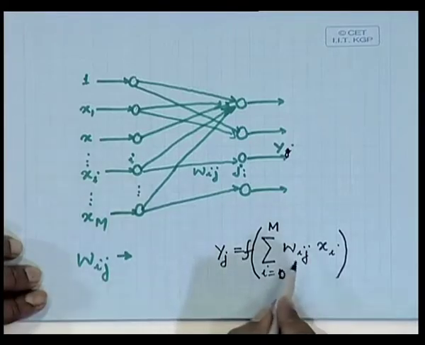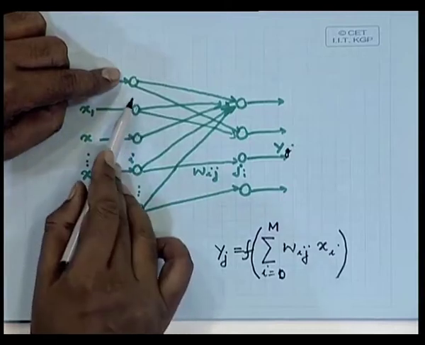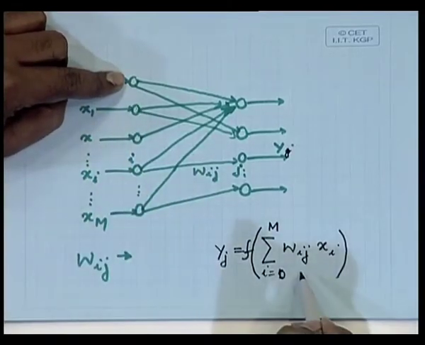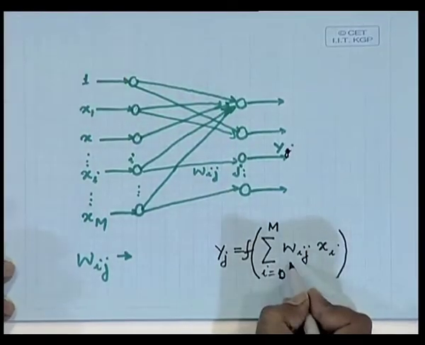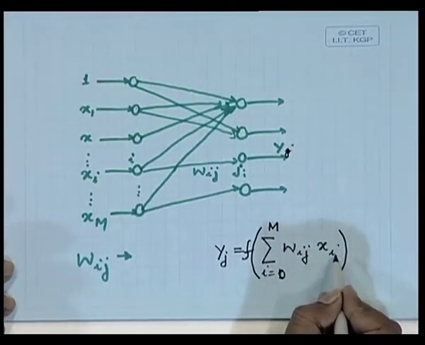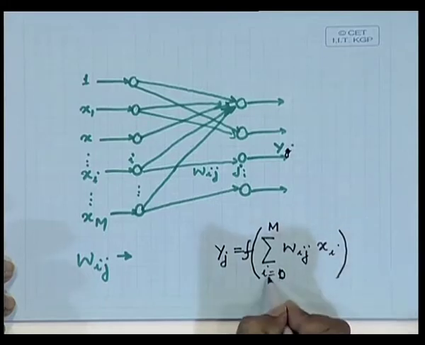The individual components are weighted by the corresponding Wij. This also includes the bias, because I start from i equal to 0.